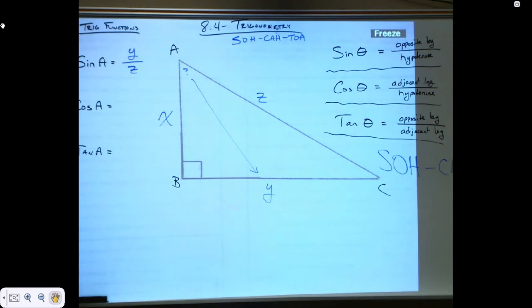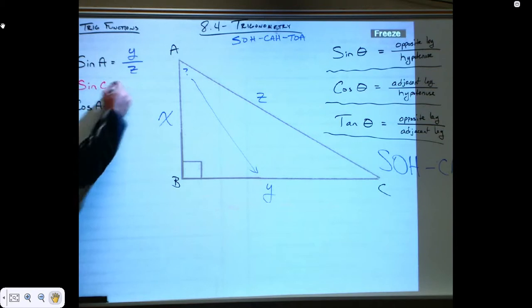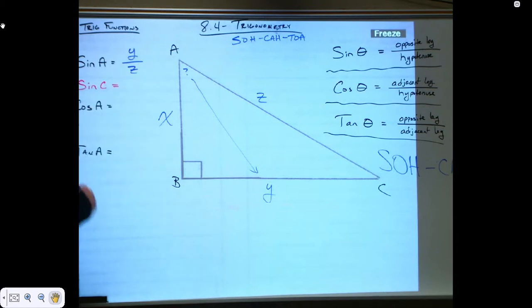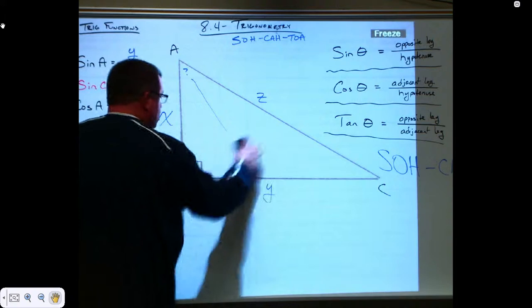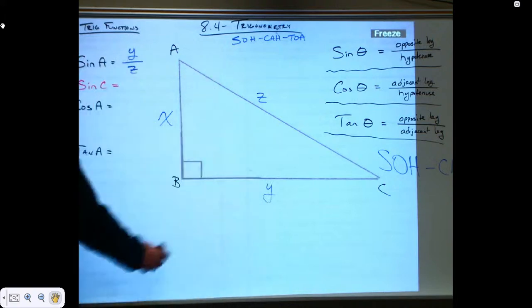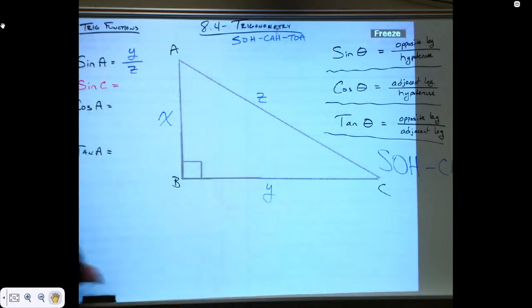Now, how does that change if I ask you to find the sine of C? What changes is the angle, the perspective from which we're speaking.